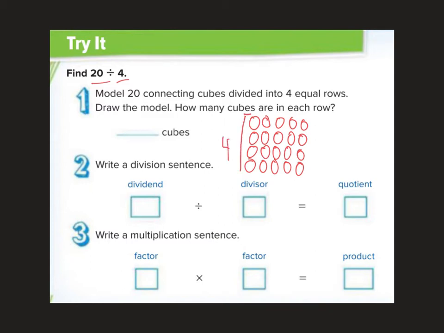Columns I have 1, 2, 3, 4, 5 columns. So how many cubes are in each row? There are 5 cubes in each row. So I could say there's 20 total divided by my divisor, 4, is my quotient of 5. Or I could say 4 times 5 is 20. There's our related multiplication and division sentences.